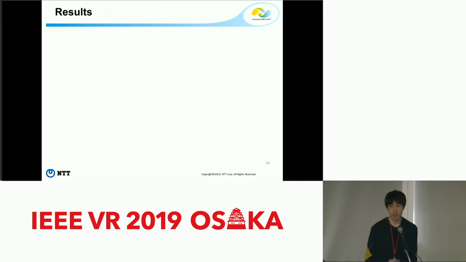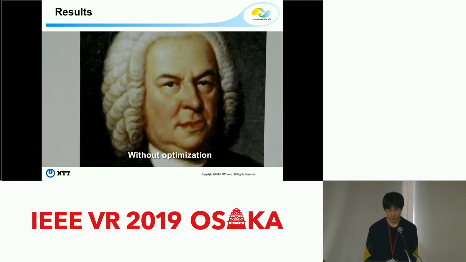Okay, now I will show some results. This is the result of facial motion retargeting to a real picture. Without optimization, you see some visible deviation or inconsistent perception. But after optimization, we get more natural results.